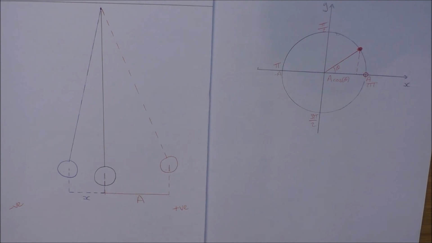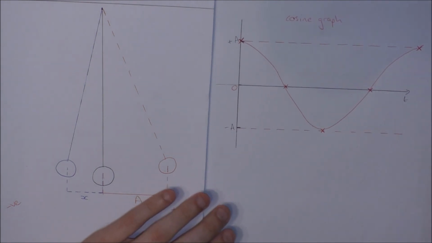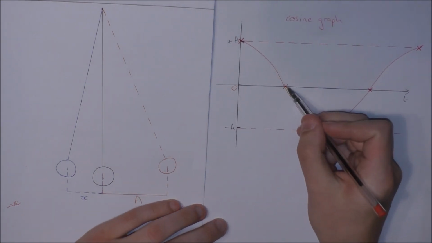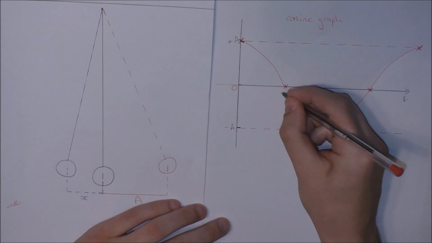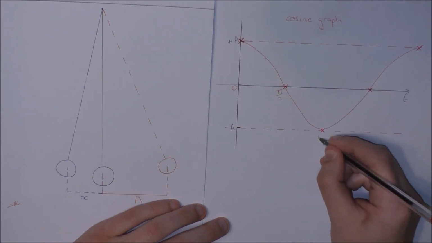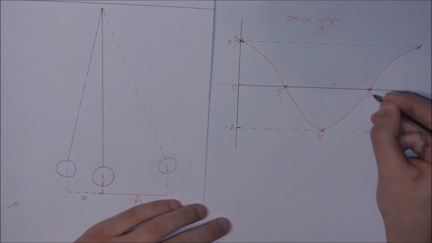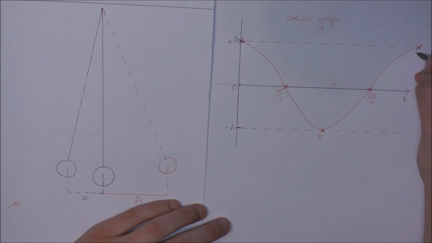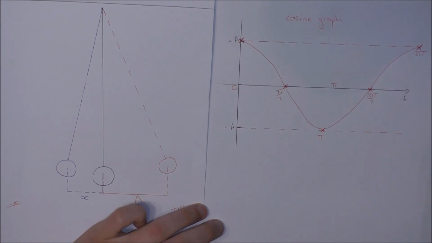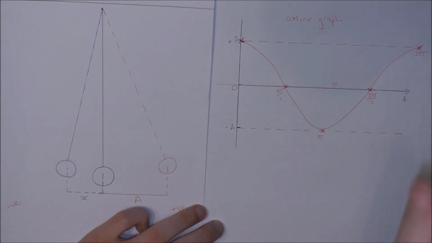So, if I bring my cosine graph back, I can mark these points on here and we can see that that is pi by 2, that would be 90 degrees, that will be pi, this will be 3 pi by 2, and this will be 2 pi. So you can see a link there between oscillatory motion and circular motion.